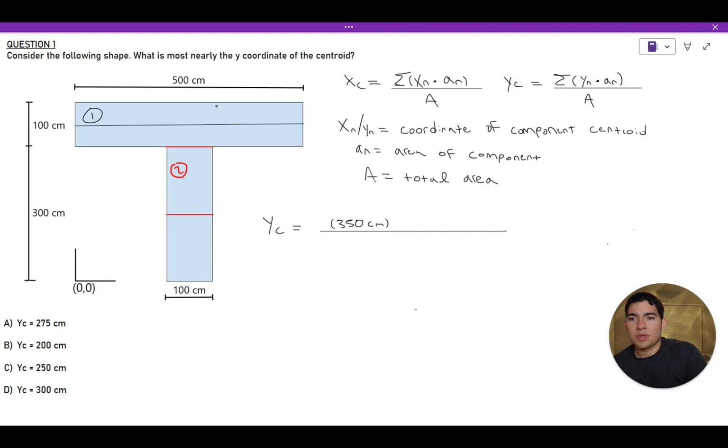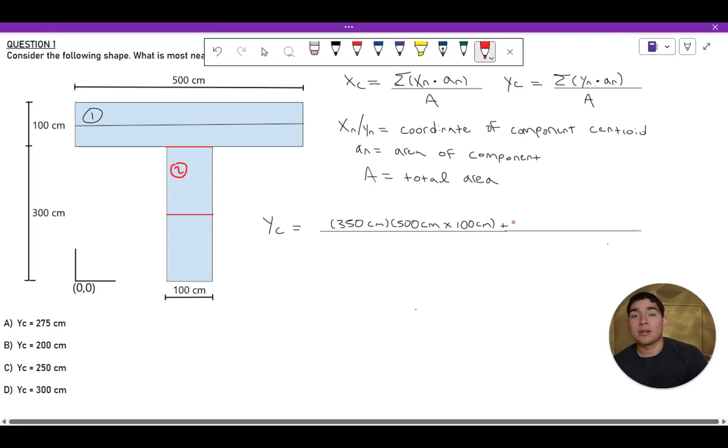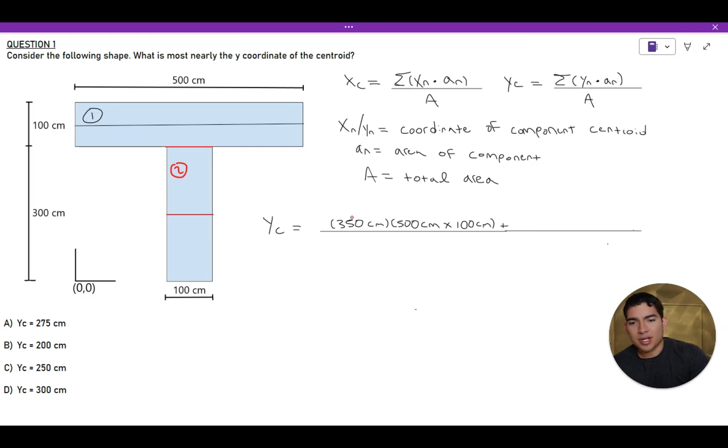That's going to be 500 centimeters times 100 centimeters. As you can see, we have the y-coordinate for the centroid of that first component multiplied by the area of that first component. Now we move on to that second component. In this case, the y-coordinate for the centroid is going to be half of 300 centimeters.